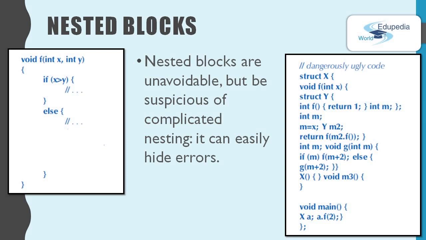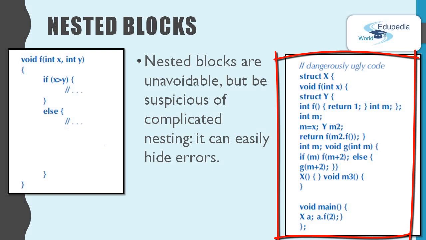For example, the code segment that you see on the left side has an if block and an else block within a function block. It's a nested block. As you all know, nested blocks are unavoidable. So when you keep a nested block, be suspicious of complicated nesting because it can easily hide errors.